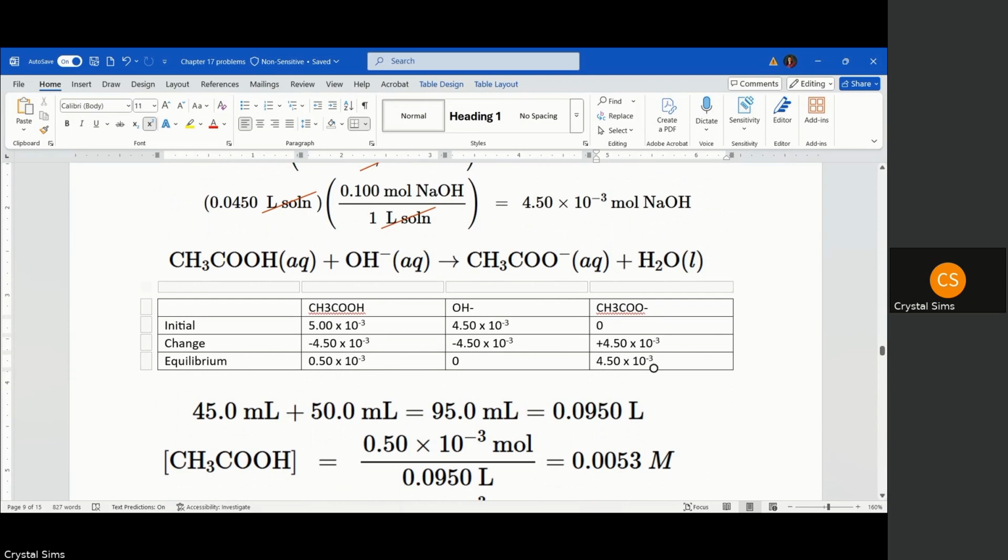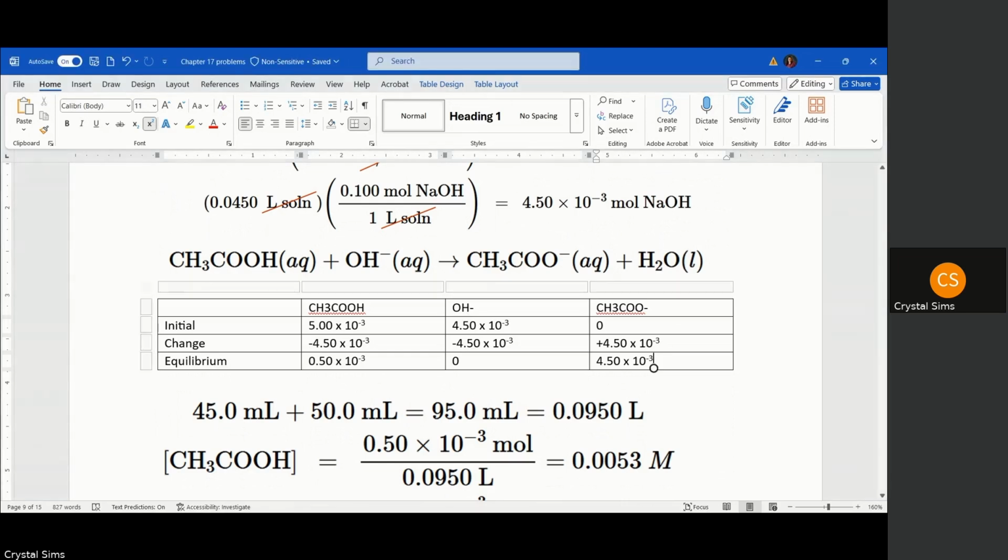So we need to figure out, what is our concentration of the acetic acid here? So we've got to figure out the molarity of these. We take the amount from our table right here, and we divide it by our total volume of solution, and we end up with 0.0053 for our molarity of acetic acid.